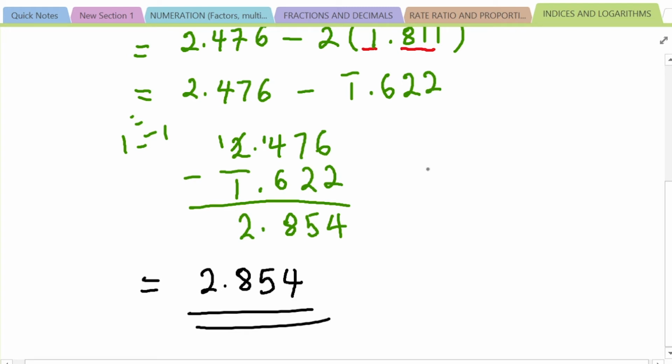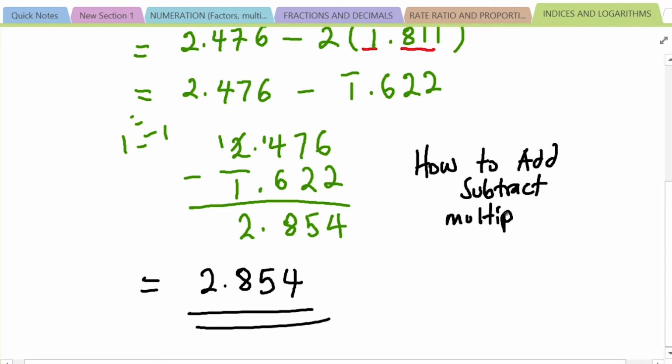Now, for some of you that might be getting confused about how I'm arriving at that answer, I have a video on the mantissa, how to add, subtract, multiply, and divide logs with negatives. Yes, I have that video.